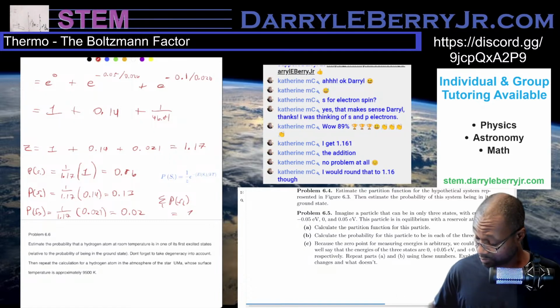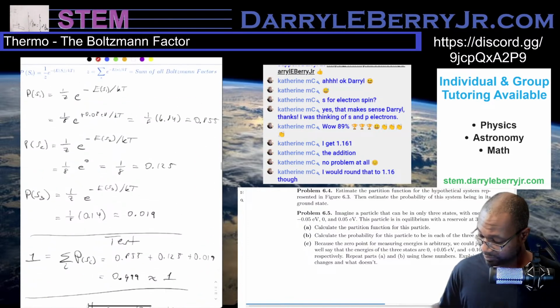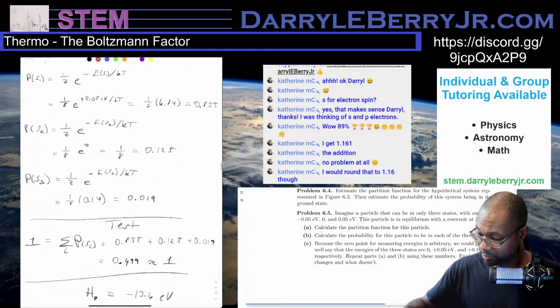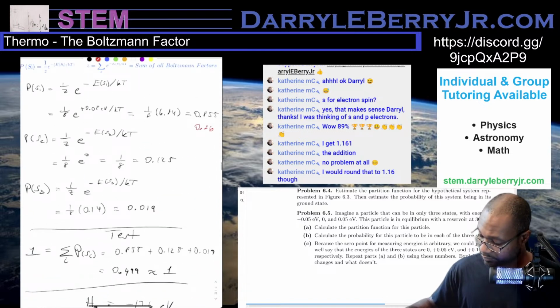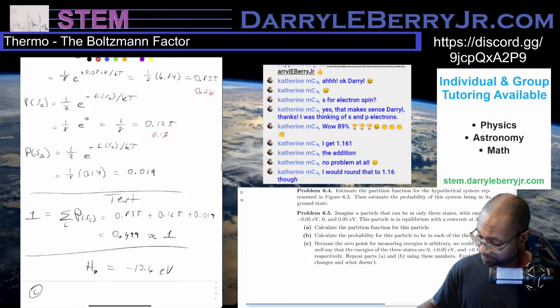But that gives me exactly one when I add up the exact values, so that's good. And when we compare the probabilities from before, pretty close, right? So I have 0.86, I have 0.13, and I have 0.02. And I rounded a bit more on the last one.